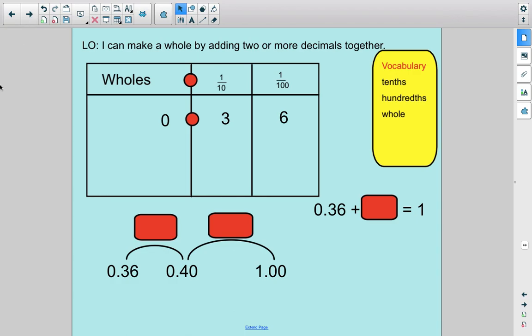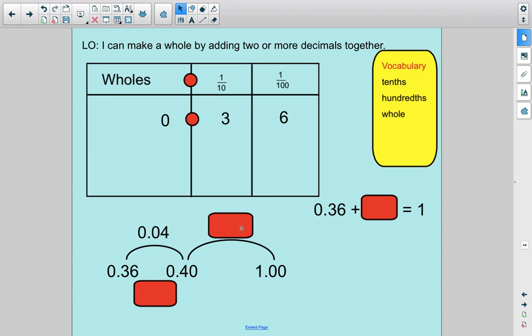So if I have a look at the bottom here, 0.36, what do I add to these 36 hundredths to get me to 40 hundredths? Well, 6 and 4 get me to the next 10, so I add 4 hundredths. What do I add to these 40 hundredths to get me to 100 hundredths, which is a whole one?